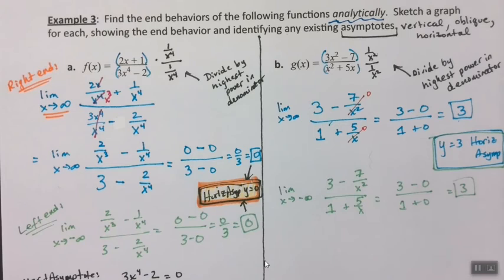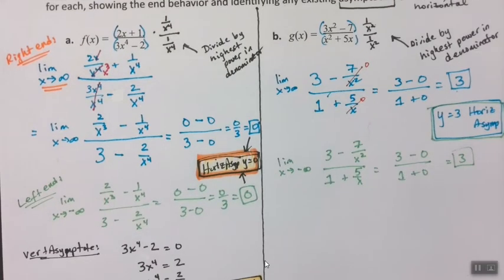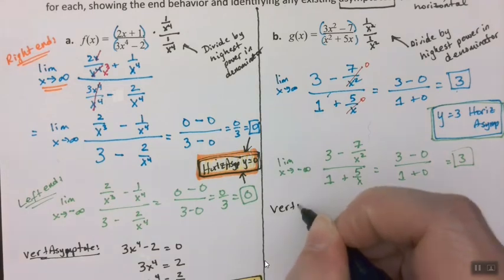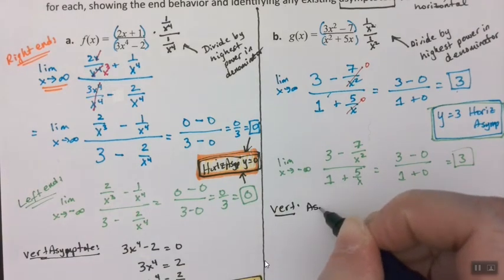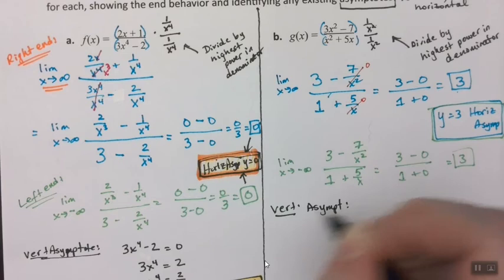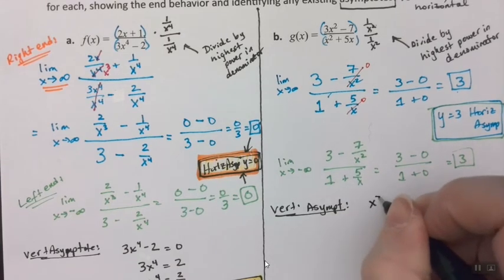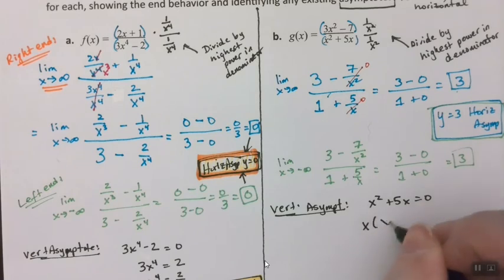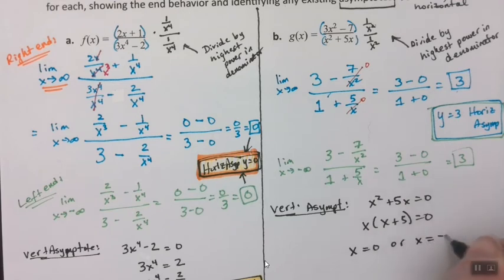Okay, so I know I have my horizontal asymptote. My vertical asymptotes will be whenever the denominator would be equal to 0. So I would take my denominator of x squared plus 5x, and I would set it equal to 0. That factors. So either x is 0 or x is negative 5.